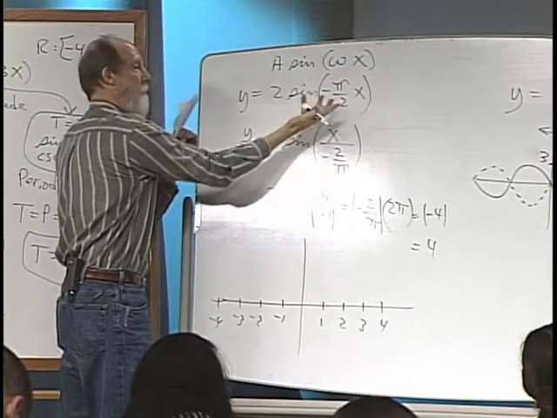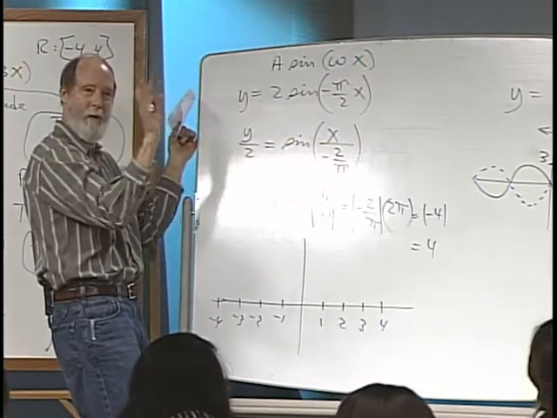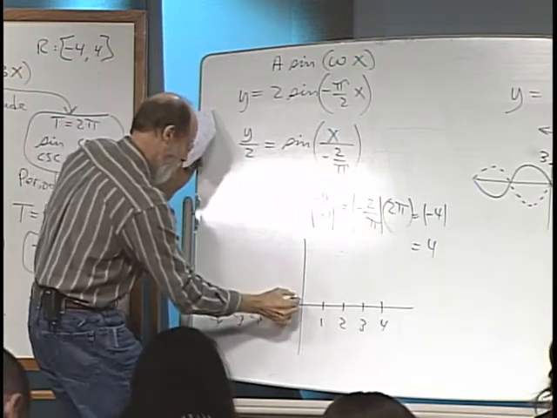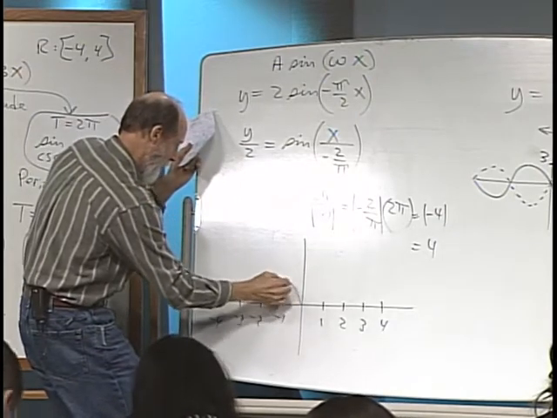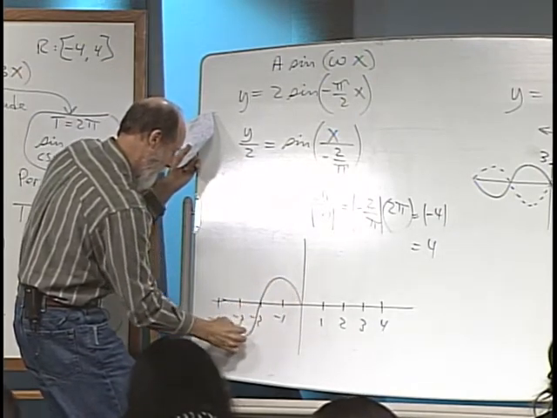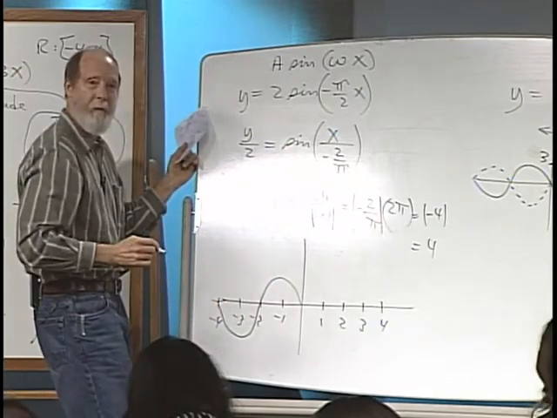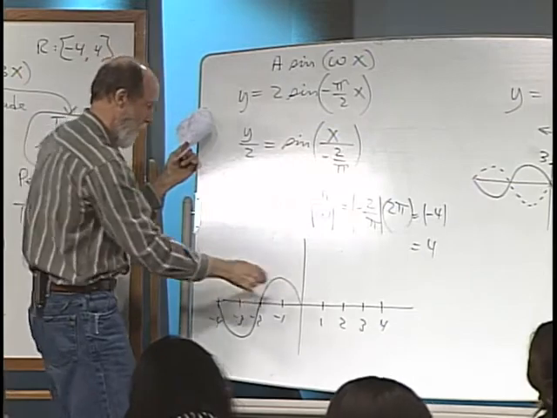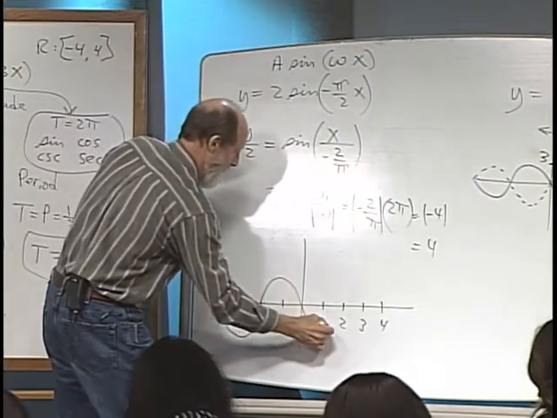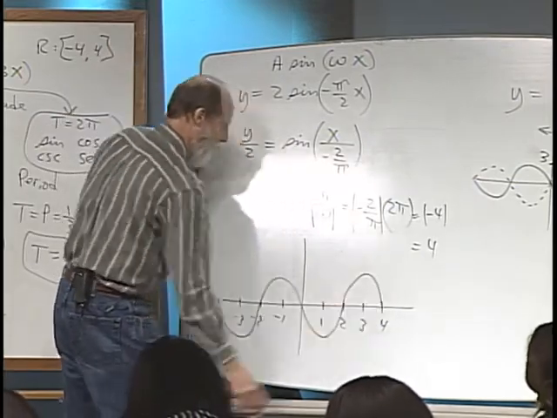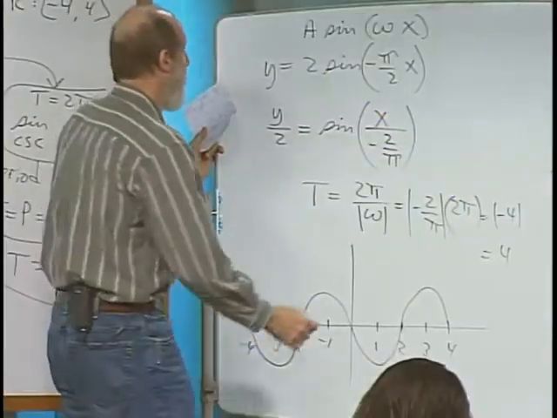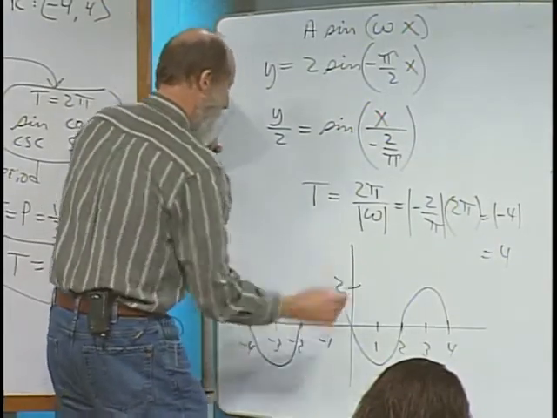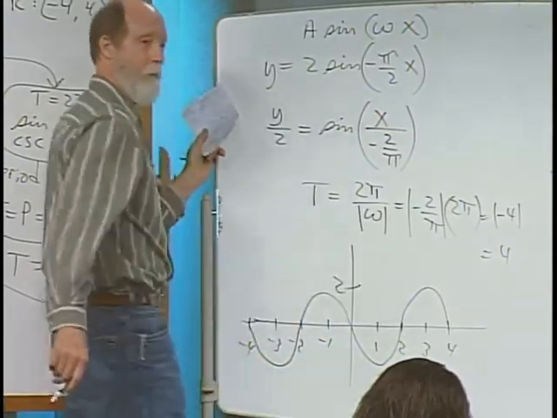I just simply turn my sine wave around. So it's going to go through a complete cycle like this. Because of that negative, it still has the period of 4 you can see here, and it's going to sit here like this with an amplitude of 2 and the period shown right below there.